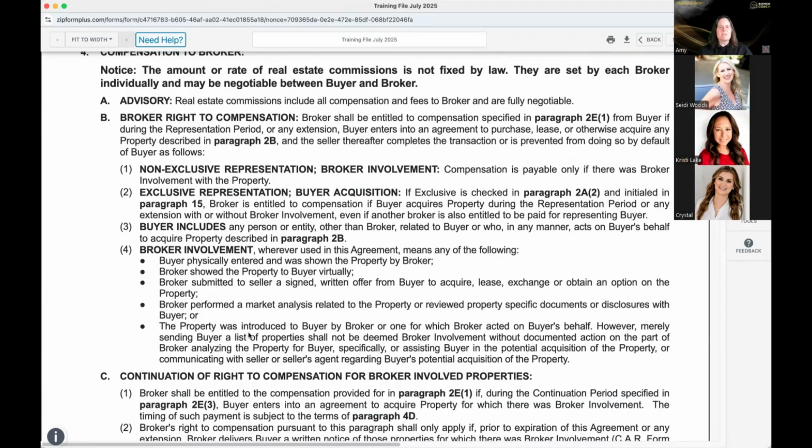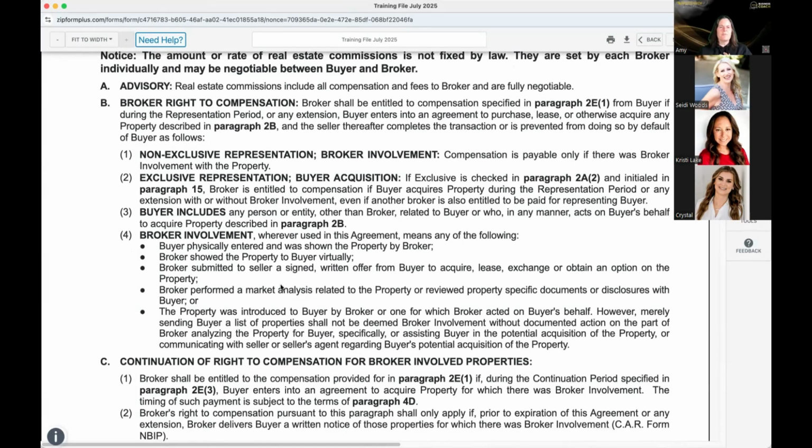Property was introduced to buyer by broker, or one for which the broker acted on buyer's behalf. However, merely sending the buyer a list of properties shall not be deemed broker involvement without documented action on behalf of the broker, analyzing the property for the buyer specifically, or assisting the buyer in the potential acquisition of the property, or communicating with seller or seller's agents regarding buyer's potential acquisition of the property. Okay, so that's what broker involvement is.